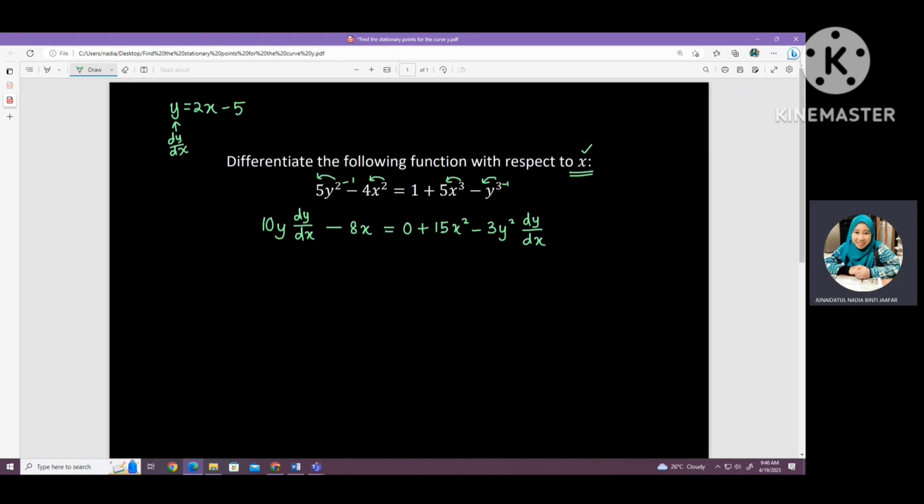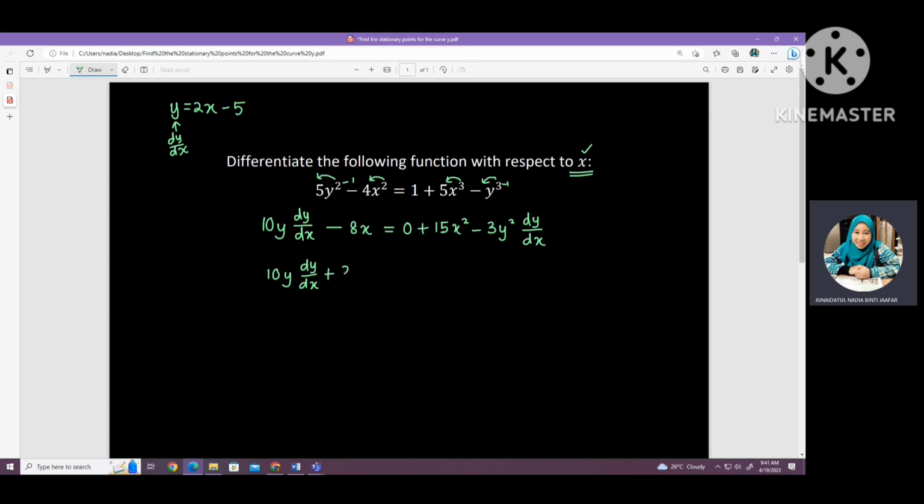Next step, we must collect dy/dx on the left side and the terms without dy/dx on the other side. Here we have 10y dy/dx, and we have negative 3y squared dy/dx, so we bring it to the left side.